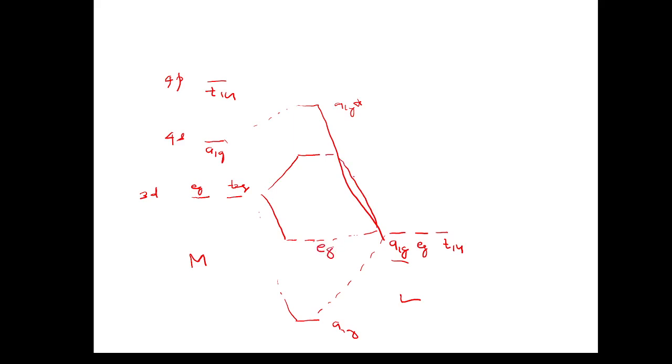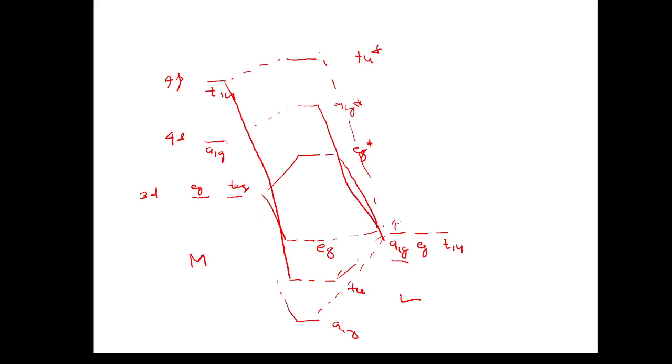This is Eg, this is Eg star antibonding. Then we have T1u. It will form a T1u bonding orbital, and it will form T1u star as an antibonding orbital.